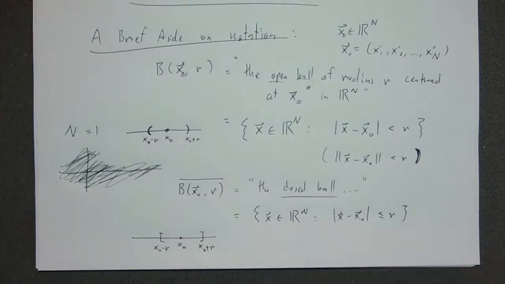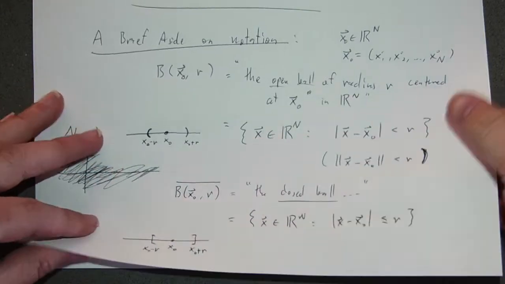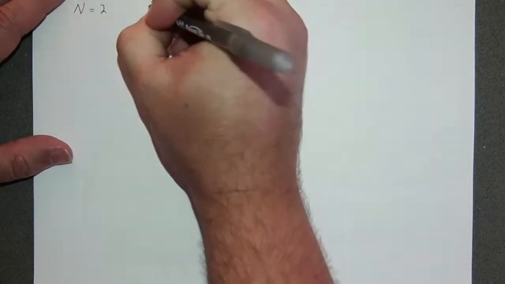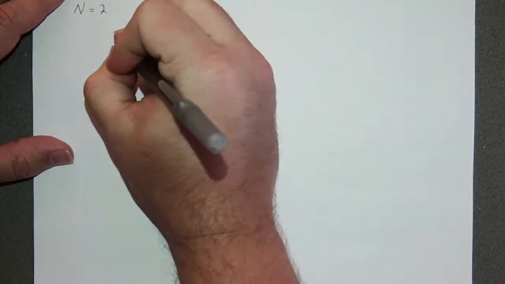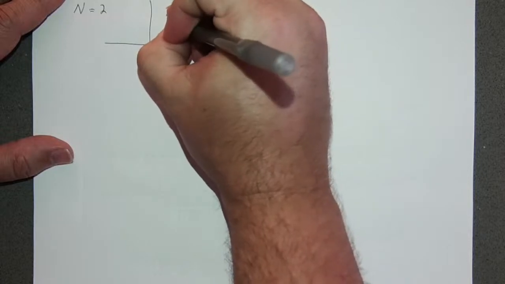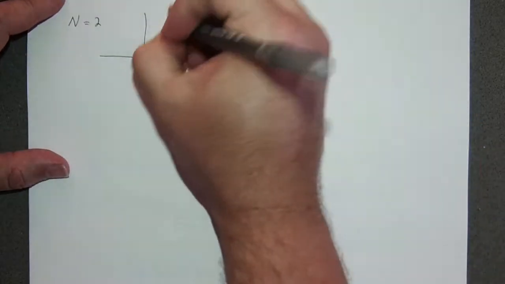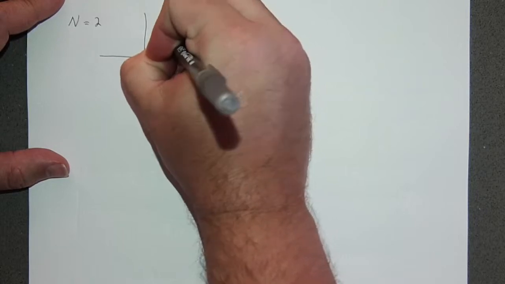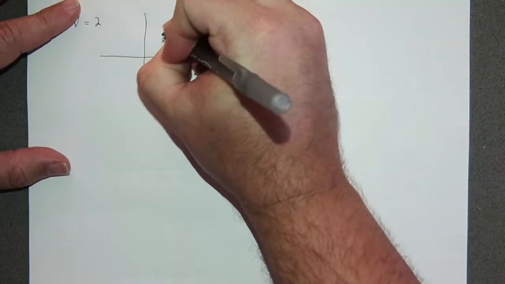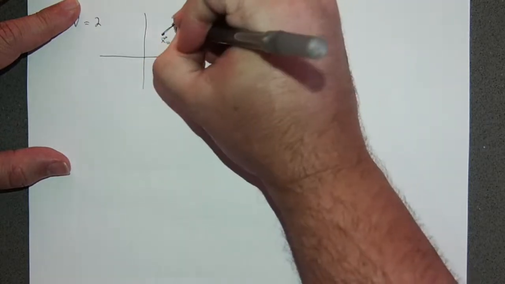Of course, let's look at some other dimensions here. All right, so in n equals 2, the open ball, maybe if here's x naught, then we'll say here is distance indicated by r.